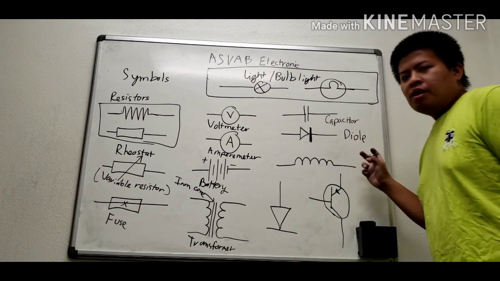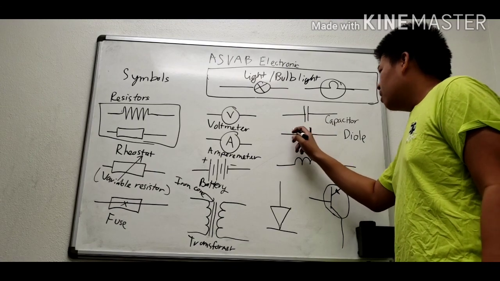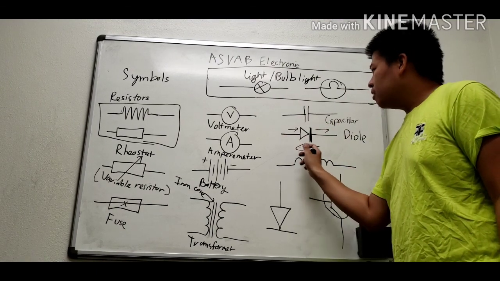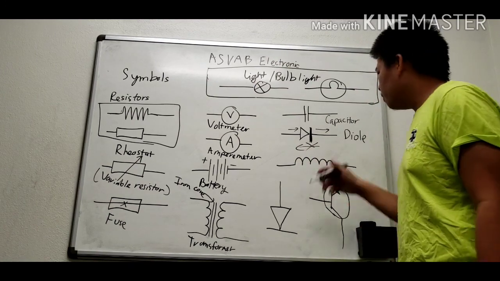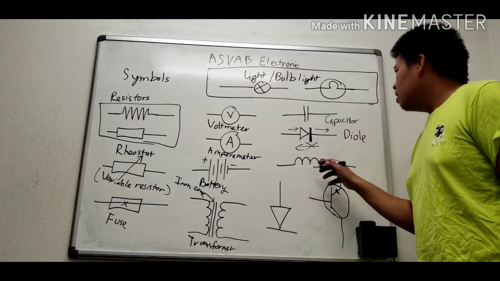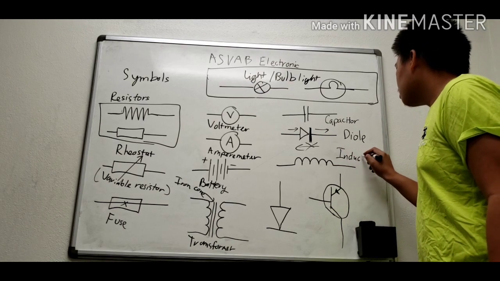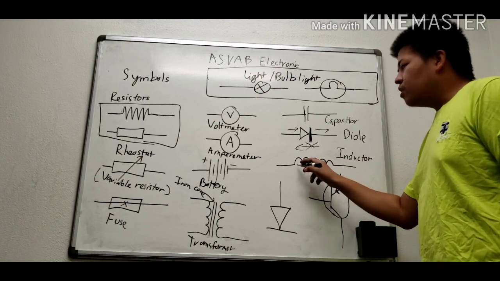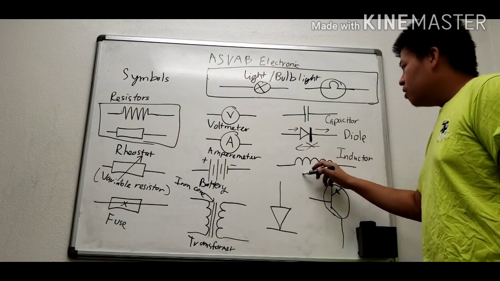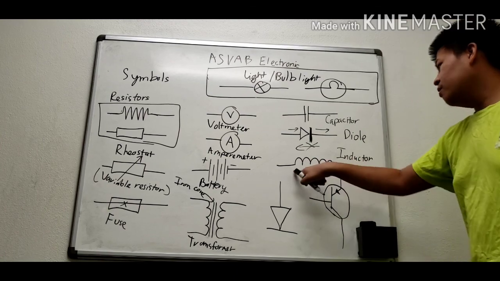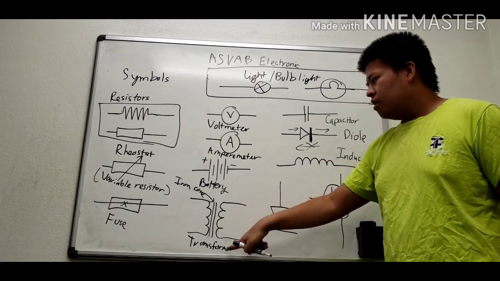Diode, for this purpose, lets the electrons go one way and they cannot turn back. That's the purpose of the diode. The next one is the inductor. An inductor is just like a spring that goes up many times like this. Be careful about this.